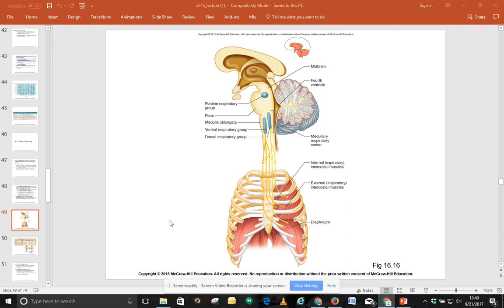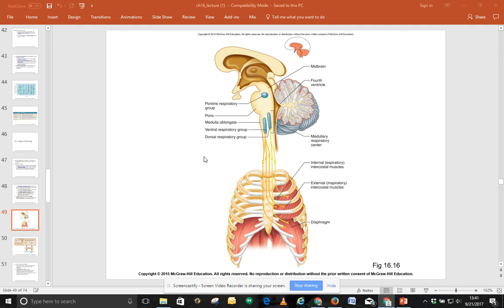And again, in this picture, we're talking about the brain, and we're talking about the pons. You can see the brain stem is going to come out from the top of the brain here. The medulla oblongata is located here. The ventral respiratory group is right below that, and then the dorsal group. And you can see the expiratory intercostal muscles and the diaphragm there.